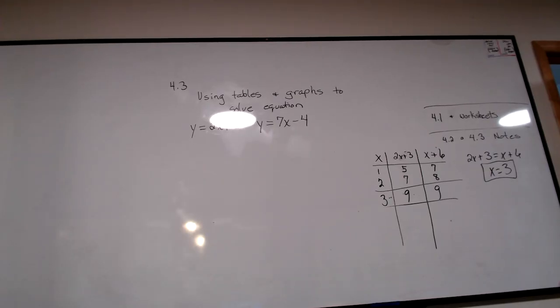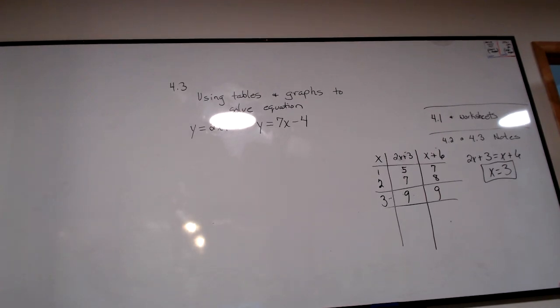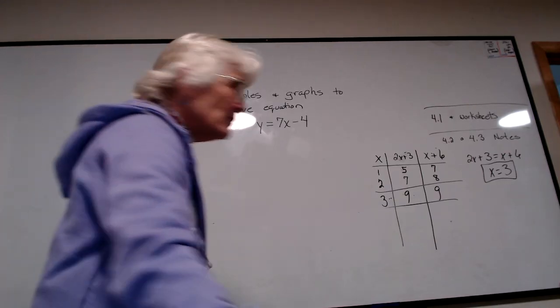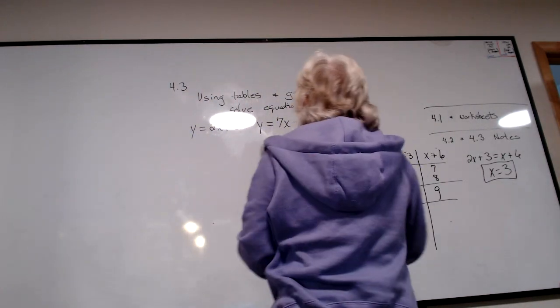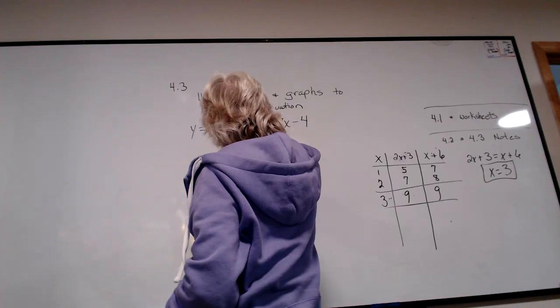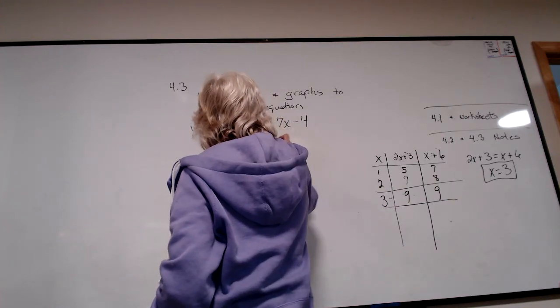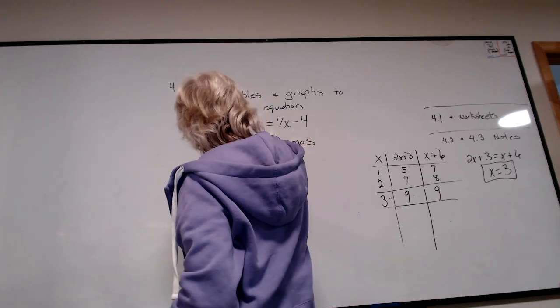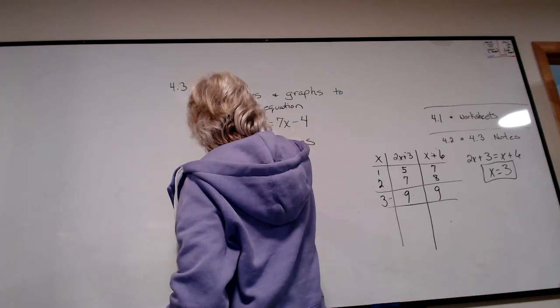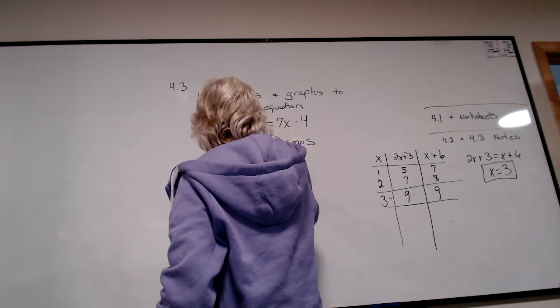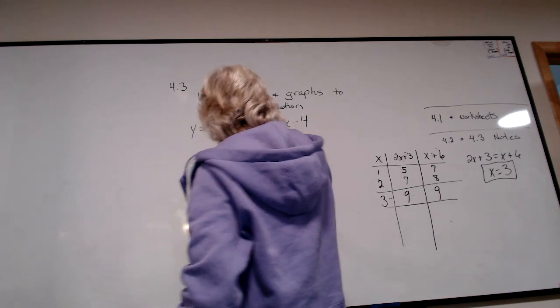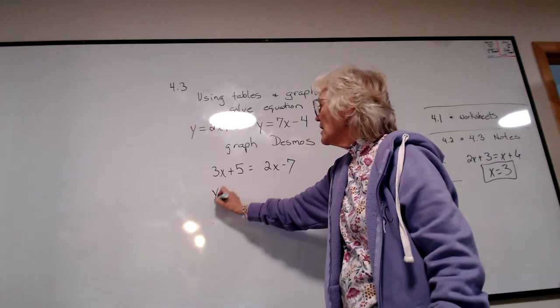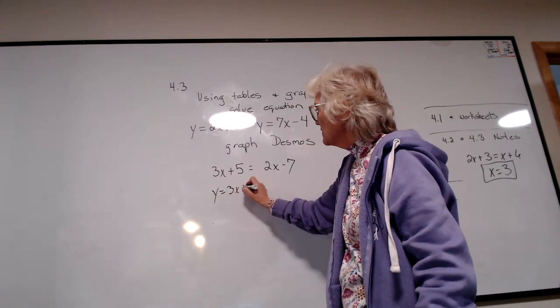And if you know the equation, just put the equations in, and we'll kind of look at that today. We'll do a few of those on there. So the other way, besides making a table, you can also graph it. We are using Desmos to graph it. And so if you have an equation like 3x plus 5 equals 2x minus 7, again, you can just make it y equals 3x plus 5.